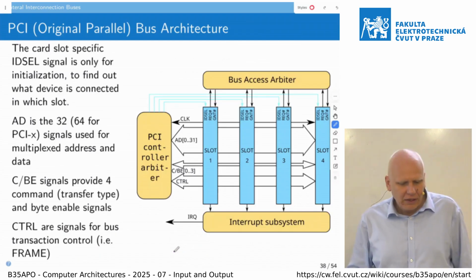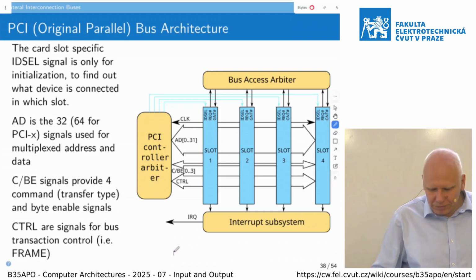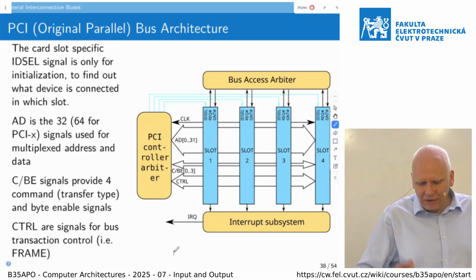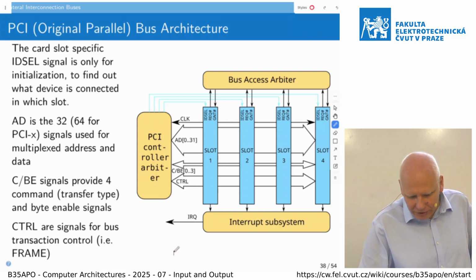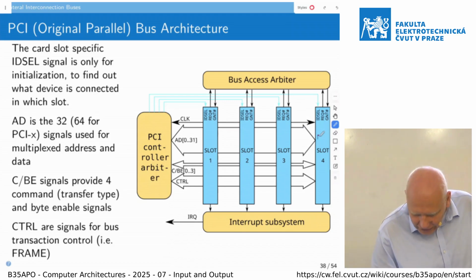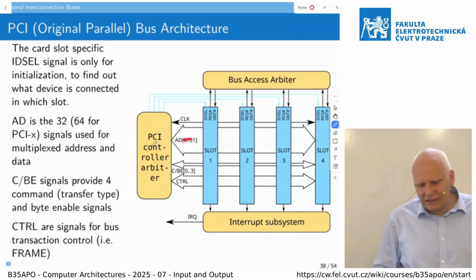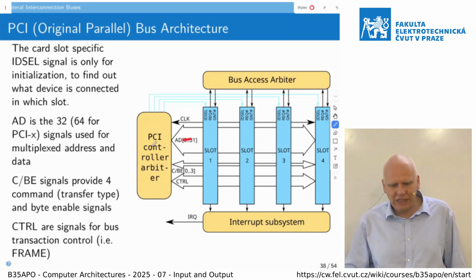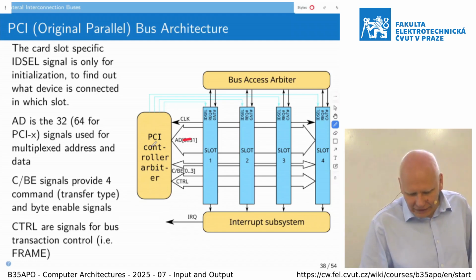And in the actual topology of the PCI, because it is a bus which connects multiple slots, we have those slots all connected with matching pins to the address data bus, which is shared, so we use the same signals to send data and address.